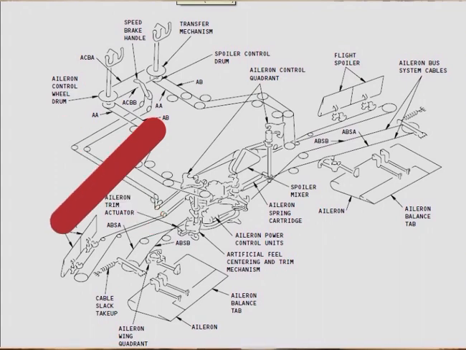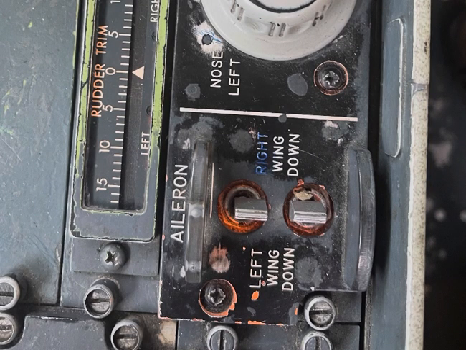The first officer will immediately become the pilot flying, and the only flight controls which help us roll the aircraft will be the flight spoilers, two panels of flight spoilers.